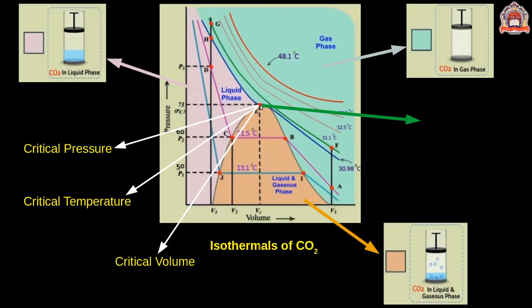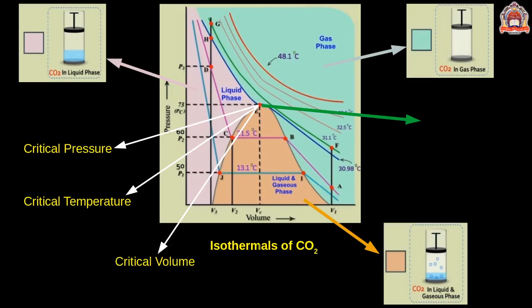So what happens with the critical constants? All these are the critical constants of a given gas. Above the critical temperature, the liquid state is not obtained. Thus it is concluded that above the critical temperature it is not possible to liquefy the gas by applying any large amount of pressure.